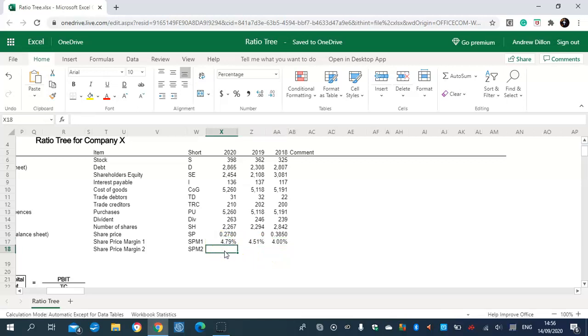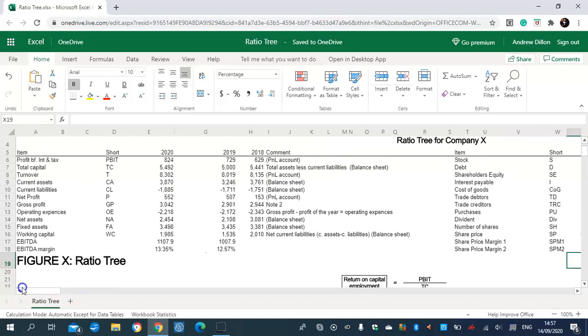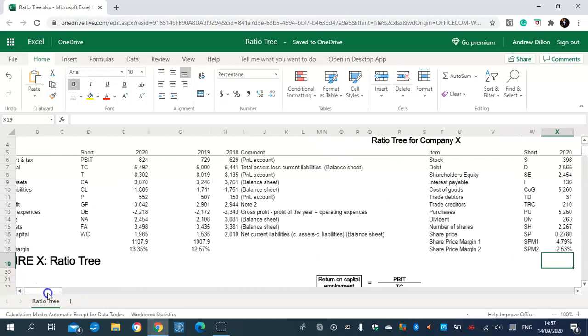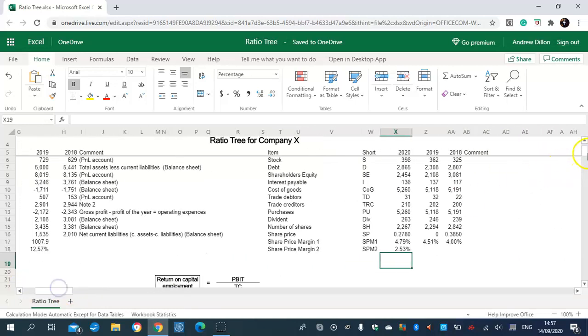The share price margin number 2. Right, okay, so now we're going to go down to the official ratio number 3. First one is going to be the return on capital employed.